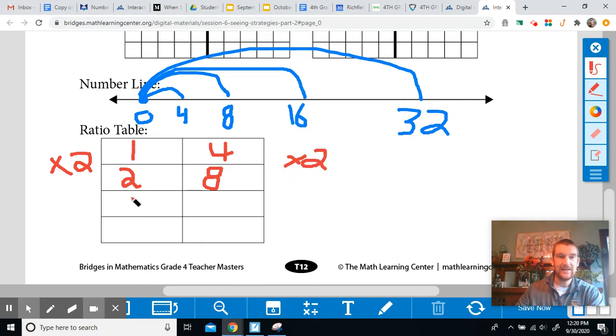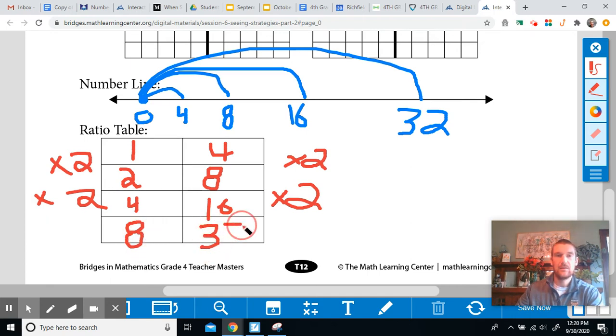Let's double it again to now 4 groups of 4, which is 16. And then let's double it one last time to get to 8 groups of 4. So double that 16 to 32. Okay, so that is here. If you're multiplying by 8s, you can think about the double, double, double method.